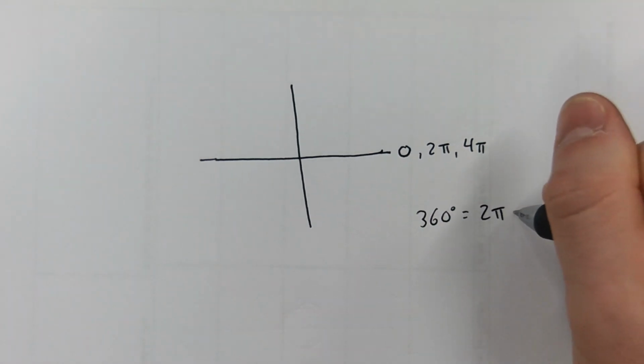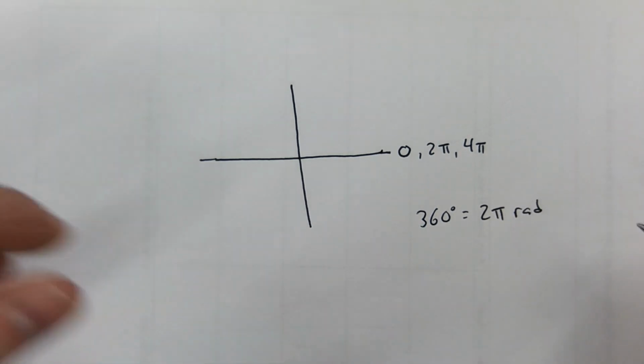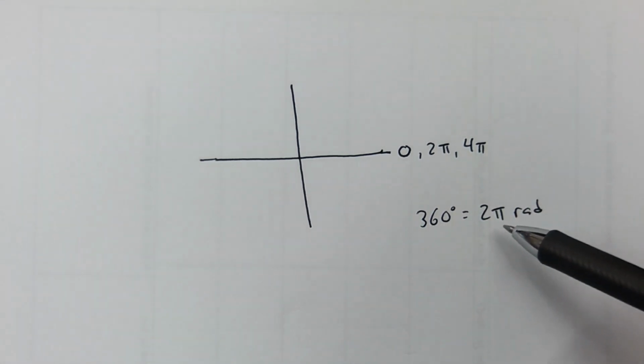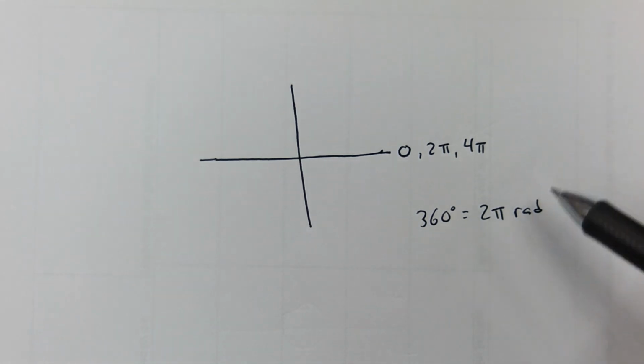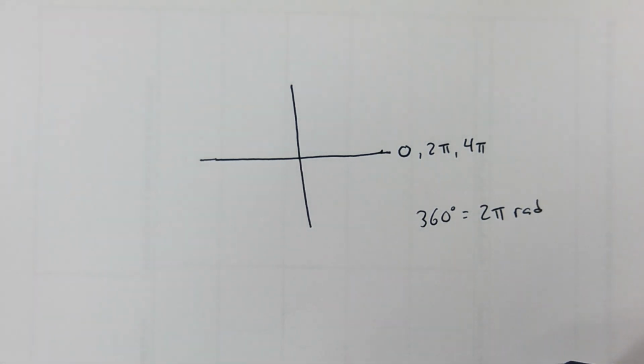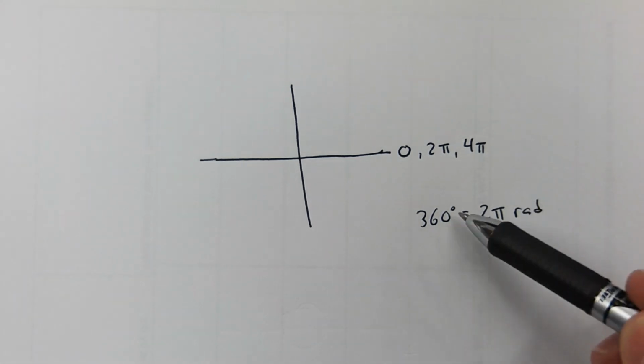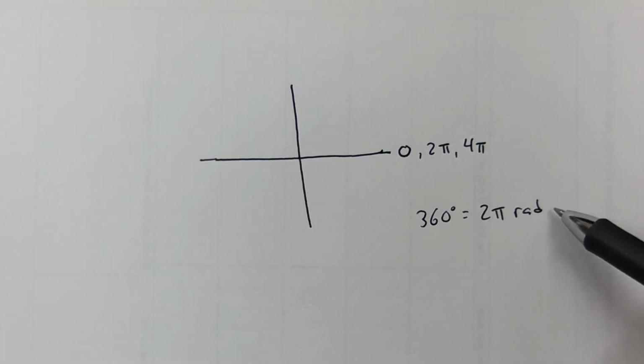So a little bit more than 6 1/4. It's actually a little bit more than 6.28, but we say there are 2 pi radians in every circle because it's a truth of the circle. Made up truth.